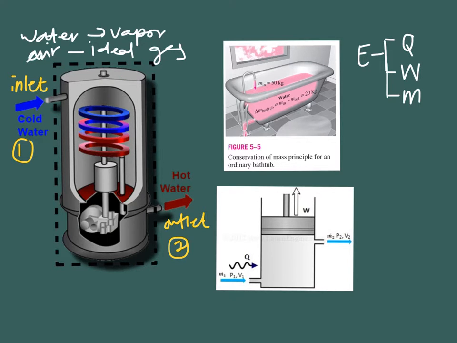So let us recall, you have a system and this is the boundary, but in this case we name it as open system because you have an inlet, and let's say inside here is water, so it's going to flow until it goes out here. A popular example that I can give you is the water dispenser at your home. You have water flowing in from the sink, and then it's going to flow inside this chamber. Since you want hot water, they are going to have an electric heater here.